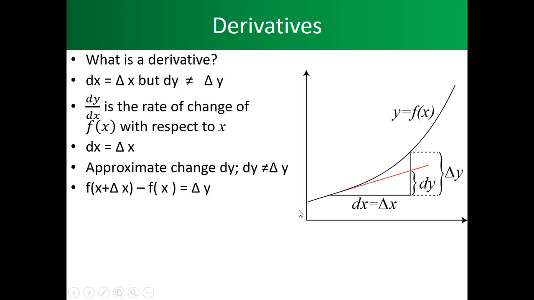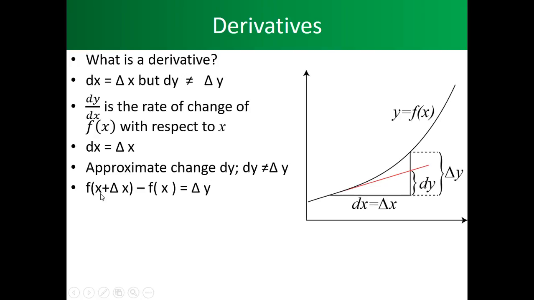Okay, so we're going to go from here, and we're going to add this much of the delta. Now we're going to subtract that from this value here, which is where we are with f of x, and this will give us our delta y.